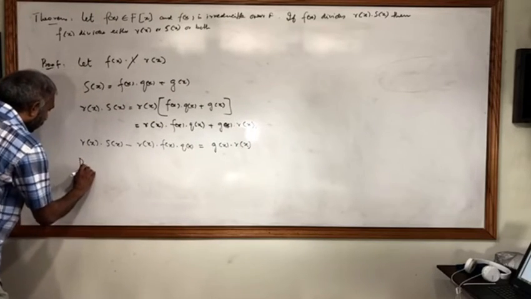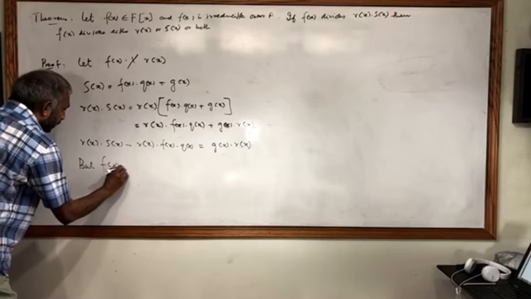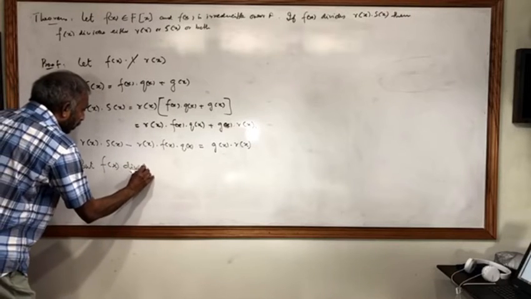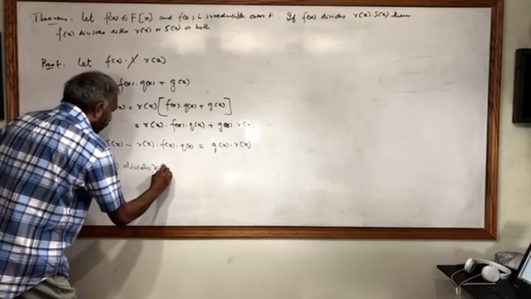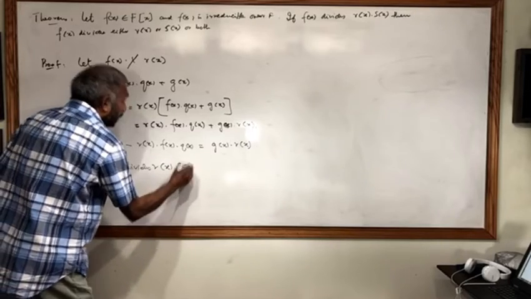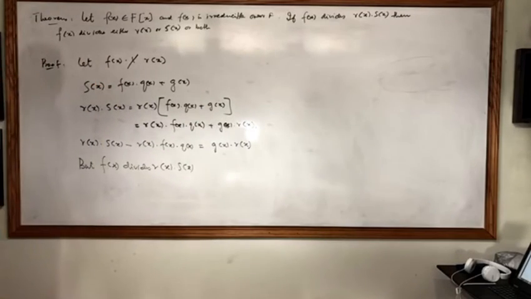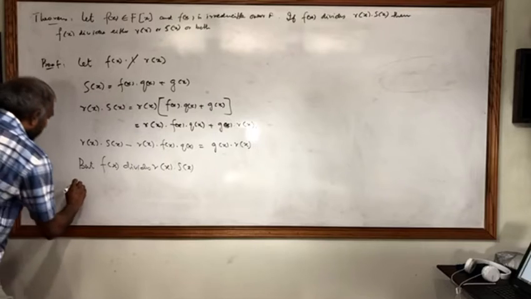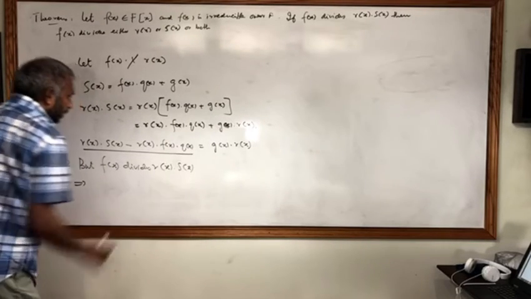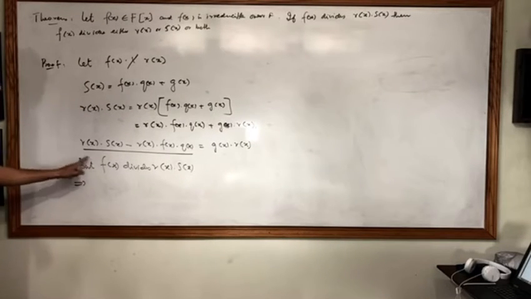But f of x divides r of x times s of x, and that is what the assumption is in the theorem. Implies f divides the whole polynomial.